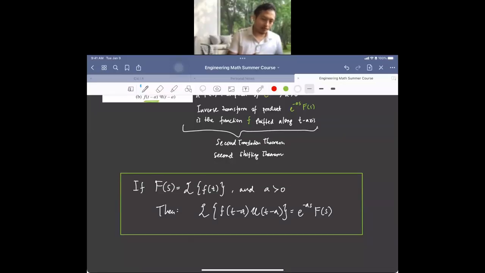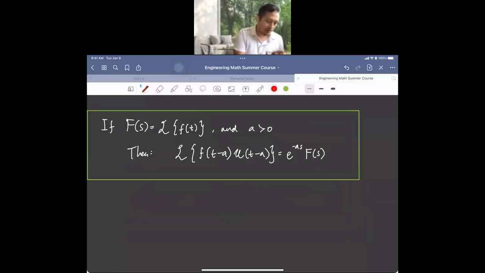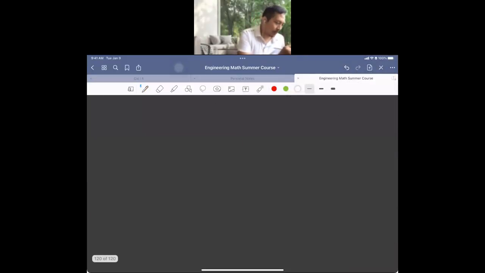Let me give you some computations on how we see this Laplace in terms of integral computation. For the Laplace, the idea is integration from 0 to infinity.